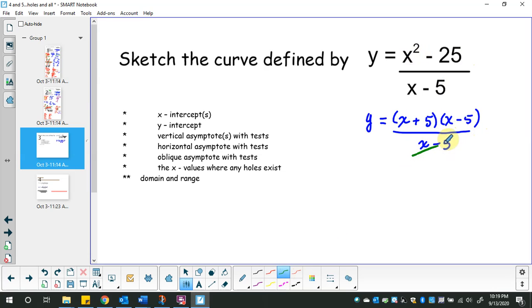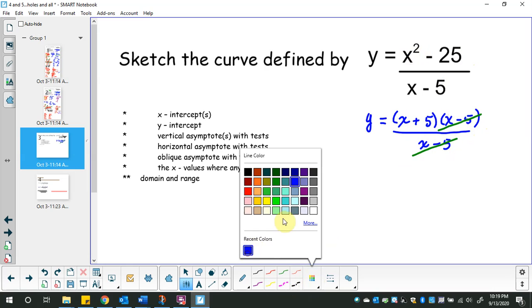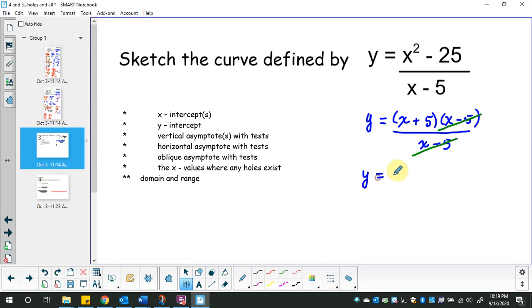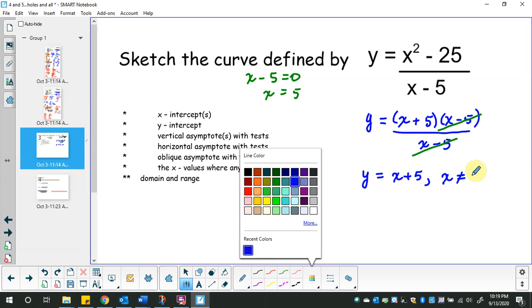I can wipe out this bracket with this, which means I have y equals x plus 5 remaining, but I have to account for the denominator number that I eliminated, so I have to tack that on.